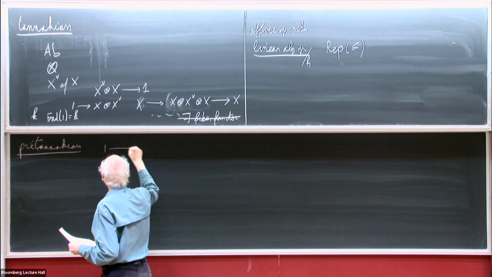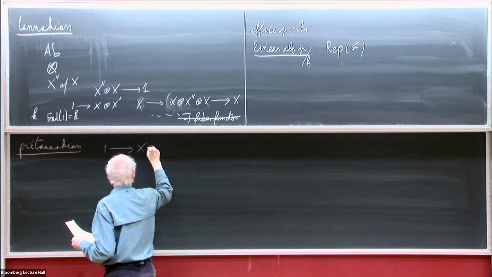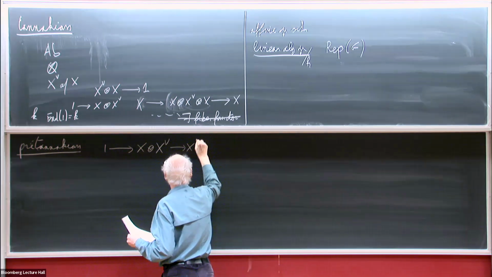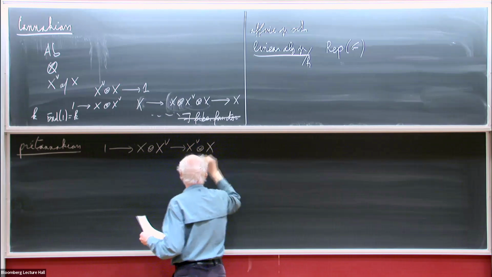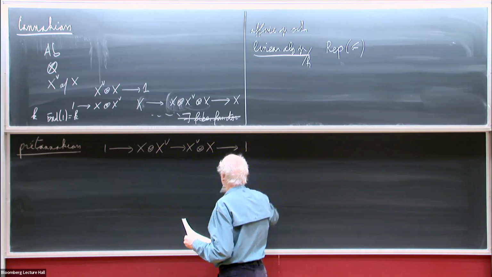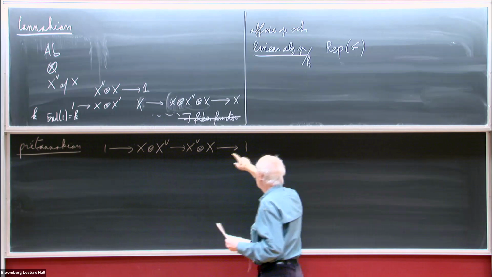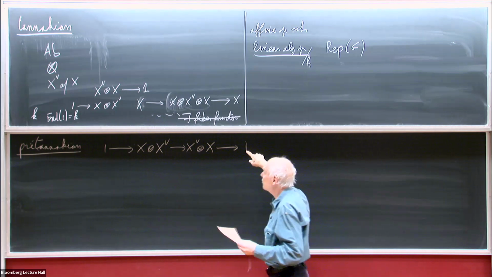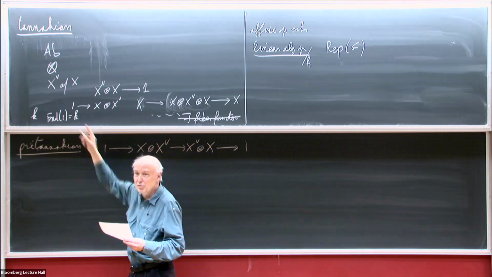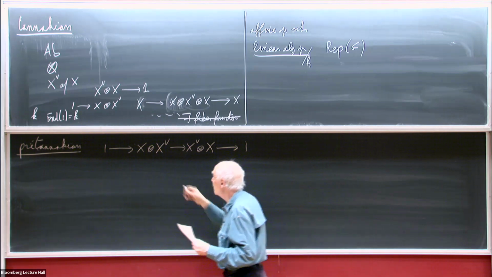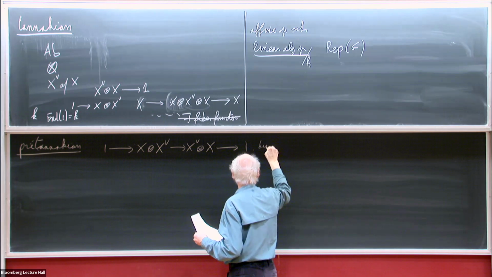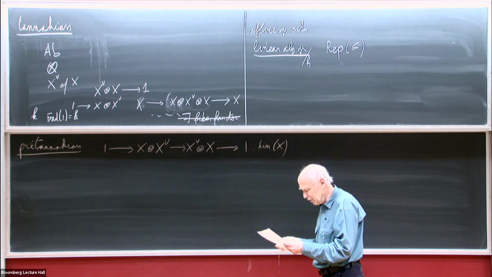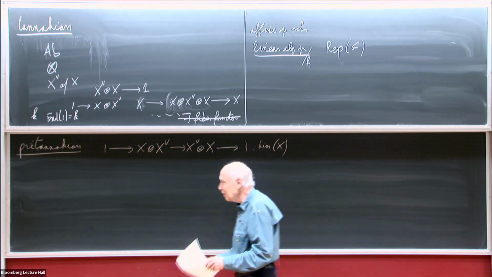You have identity going to X tensor X dual, which goes to X dual tensor X, which goes, because it's commutative, to 1, and so you have this composite endomorphism of 1, which is an element of the field. And so this is the dimension of X.